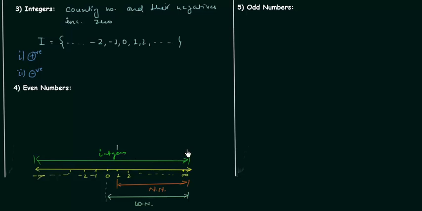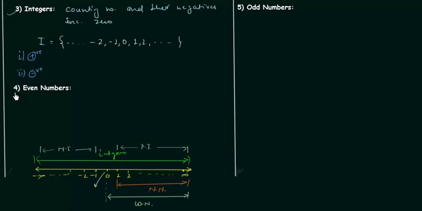Positive integers are all the positive numbers. So these are positive integers from 1 to infinity, and negative integers are all negative numbers from -1 to -infinity. 0 is neither positive nor negative integer. So 0 is neither positive nor negative integer, and we are done with the third type, integers.